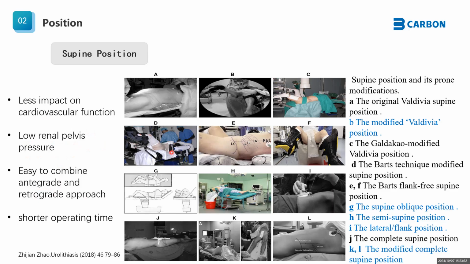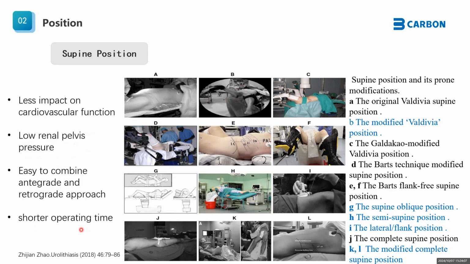During one surgery, the doctor can use the RIRS, the retrograde mode, and the other doctor does the PCNL, the antegrade mode, from the kidney, and removes the stone as much as possible.